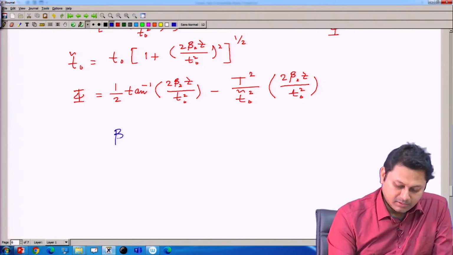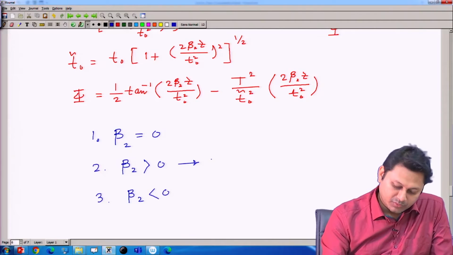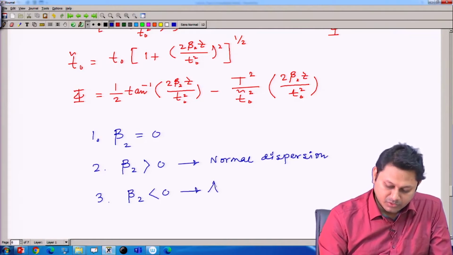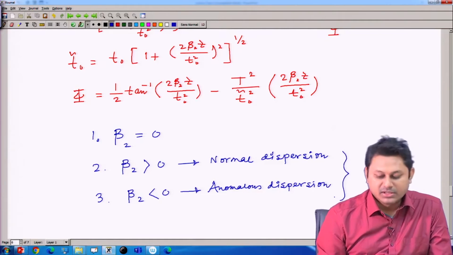One is beta 2 equal to 0, another is beta 2 greater than 0, which we know is called normal dispersion, and another condition one can have is beta 2 less than 0, which we know is anomalous dispersion. These two conditions one can have.